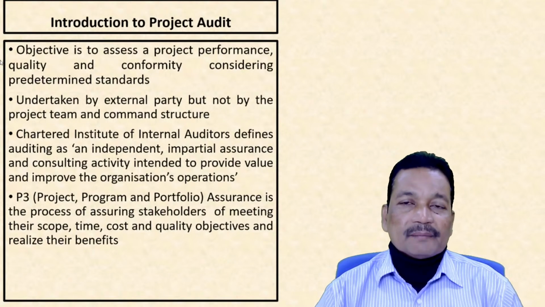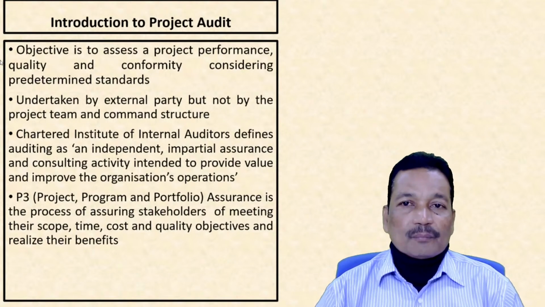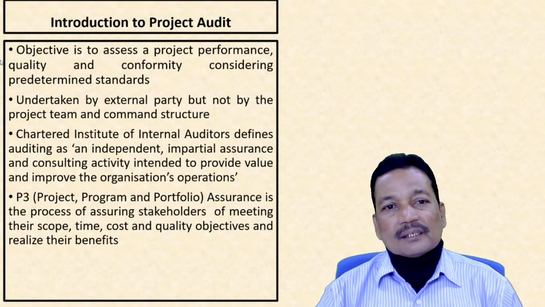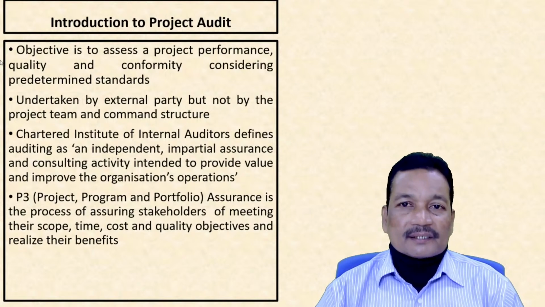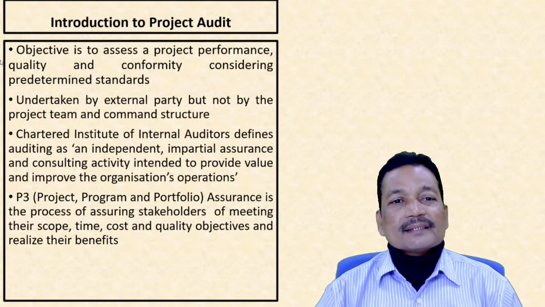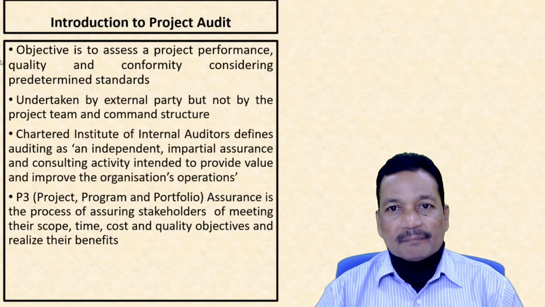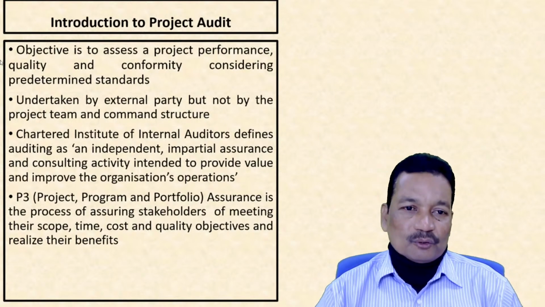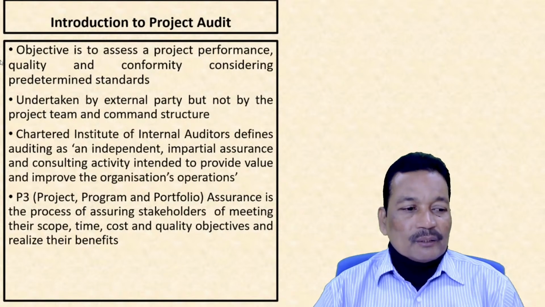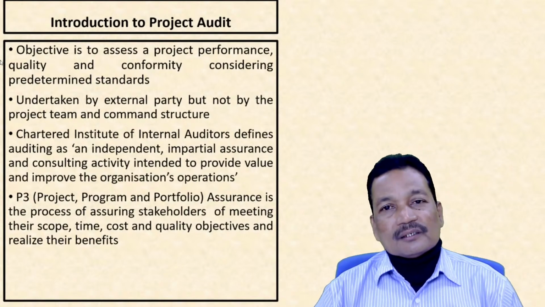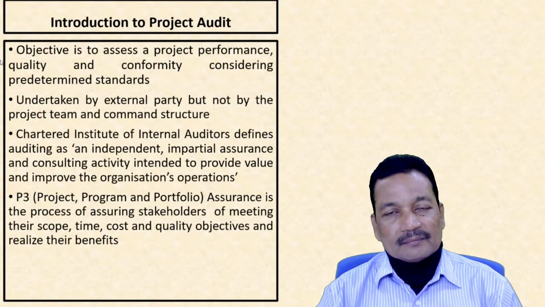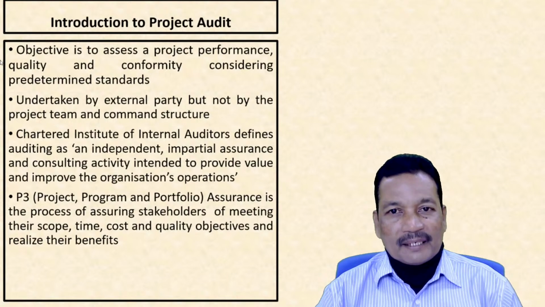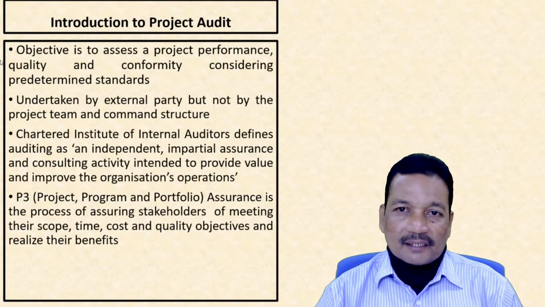When we say project team, that means the project manager along with certain personnel of different functional areas will form the audit team, which may have biasness towards the project. When we are talking about command structure, that means the various levels of management, top management, the executive, and the operational.